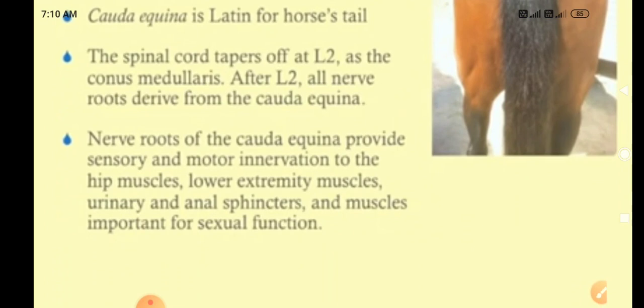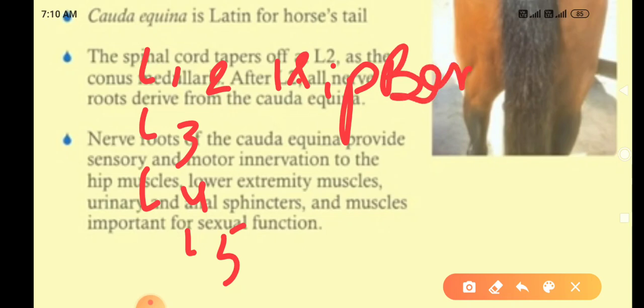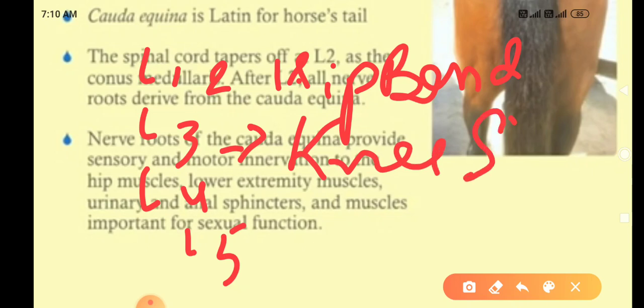Okay, so I can explain this way also: lumbar 1 and 2, lumbar 3, lumbar 4, and lumbar 5. Lumbar 1 and 2 are responsible for hip bending, or flexion. Lumbar 3 straightens the knee.